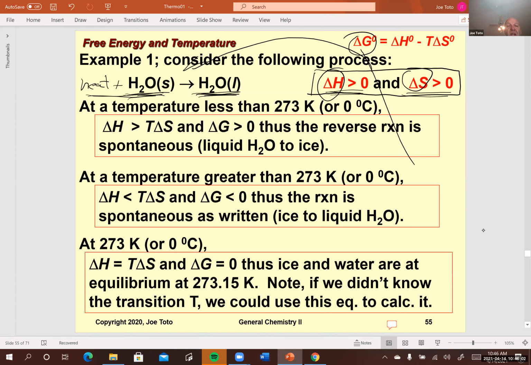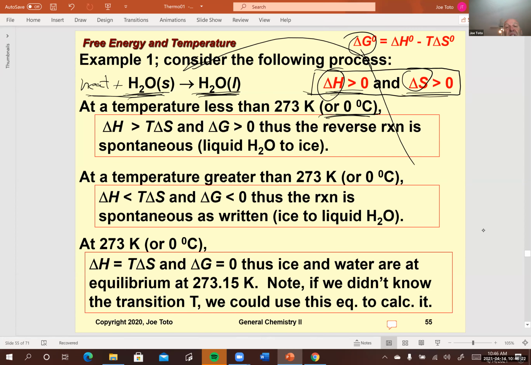All right, so we're bringing meaning to this reaction. And now we want to see how temperature might affect the values of delta G. All right, the first thing says at 0 degrees Celsius.